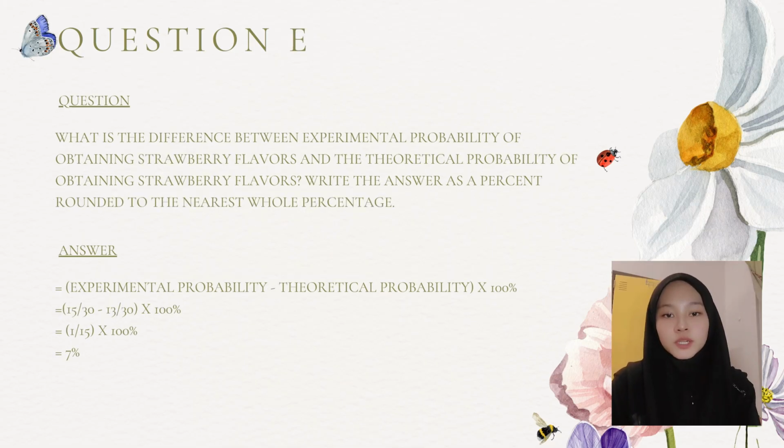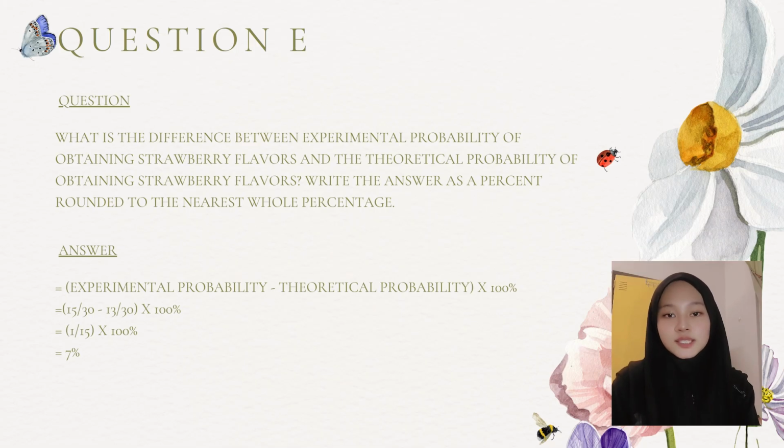Question E. What is the difference between experimental probability of obtaining strawberry flavors and the theoretical probability of obtaining strawberry flavors? Write the answer as a percent rounded to the nearest whole percentage.